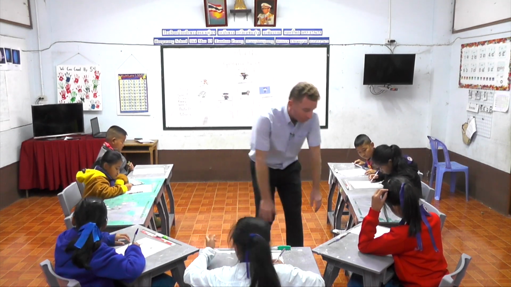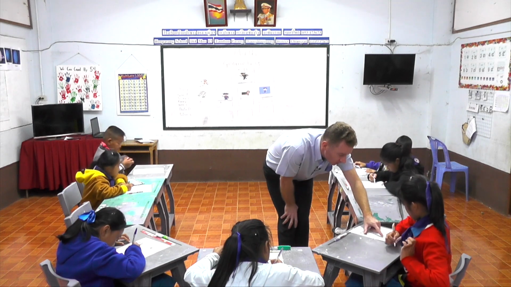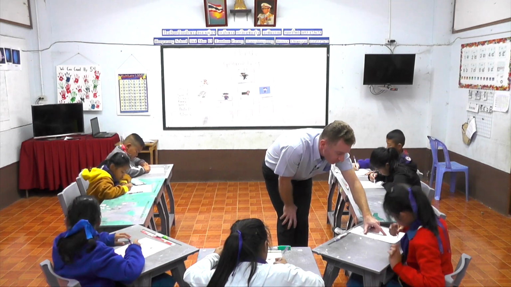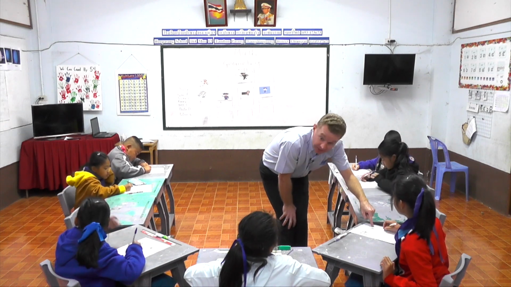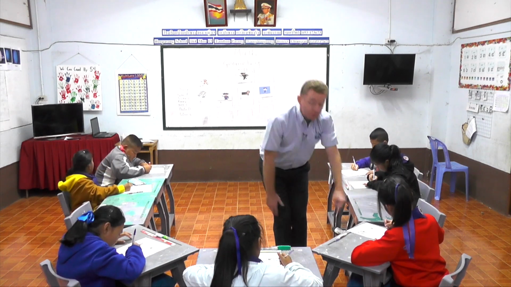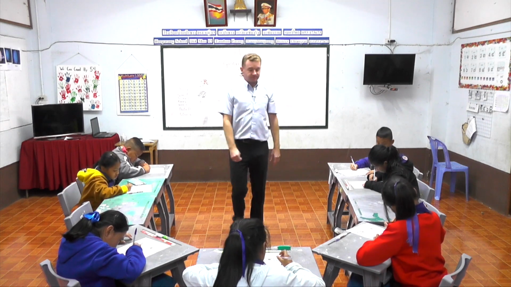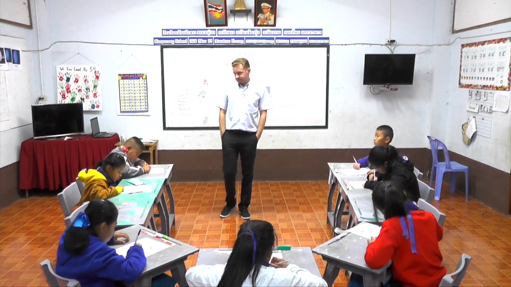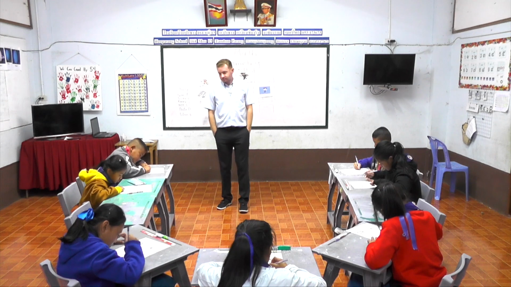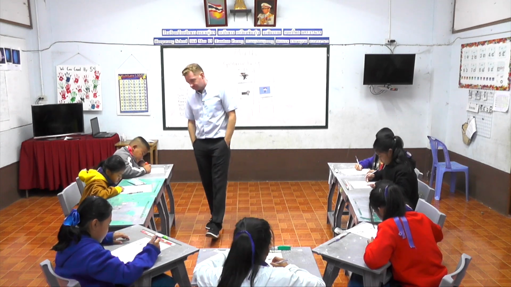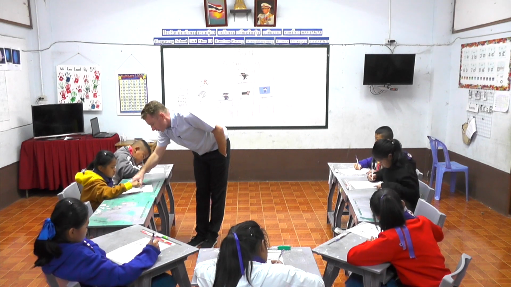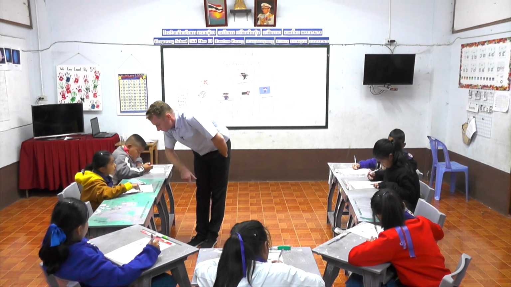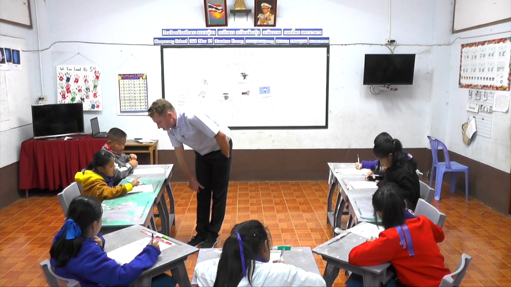So the next one, what point is to the right of the teacher? So where's the teacher? Nurse. And then right of the teacher is point Q, nurse, correct. So what point is to the right of the teacher? So find the teacher, and then where's to the right of the teacher?